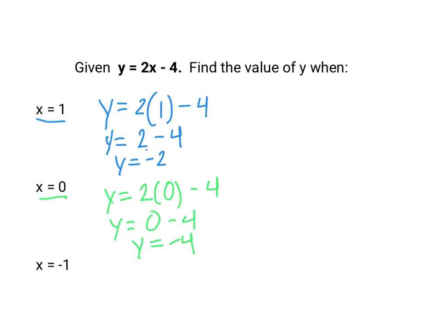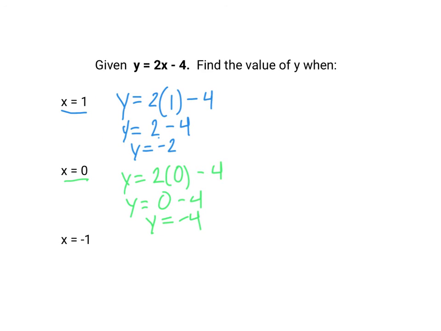All right, last one, x equals negative 1. So we are going to find the value of y when x equals negative 1. So y equals 2 times negative 1 minus 4.